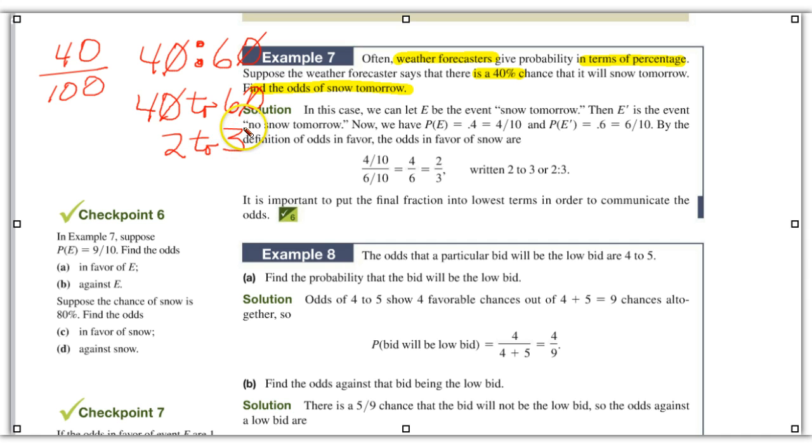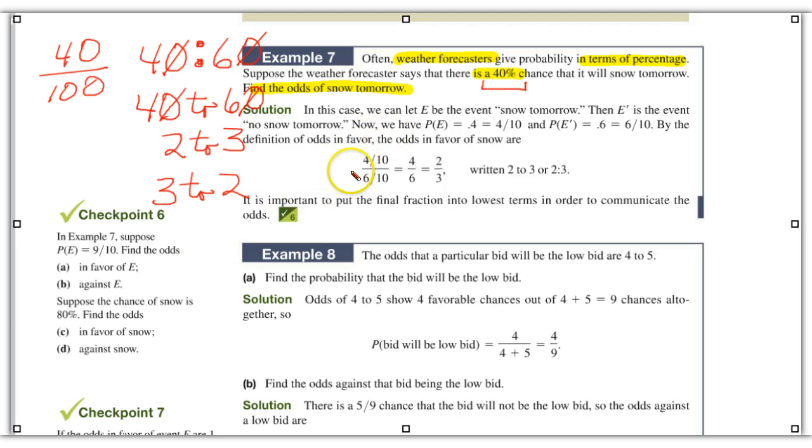And then the odds of having no snow would be 3 to 2, you just reverse them. But again, going from percentage, you see it's an easy conversion.